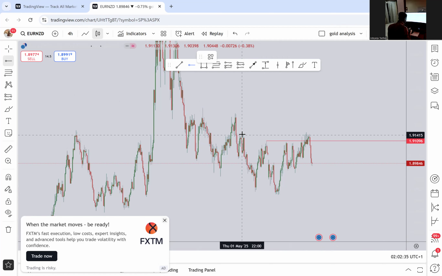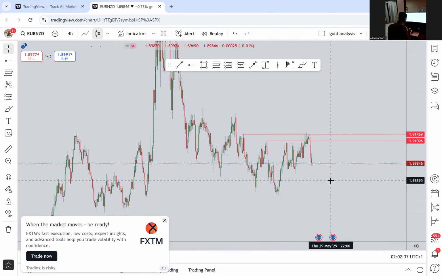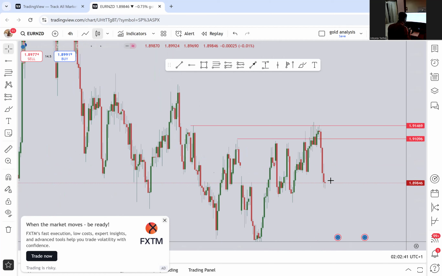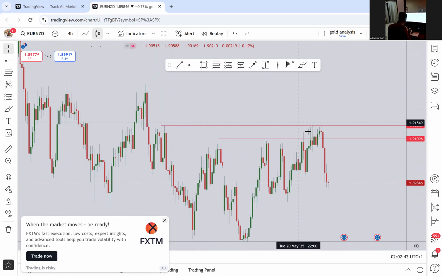So what's the market currently doing? We can see that we've got a level and the price kind of penetrated a level here on the lower time frame, which I'm not going to be going into. I'm more focused on what's currently happening here, which is this part.